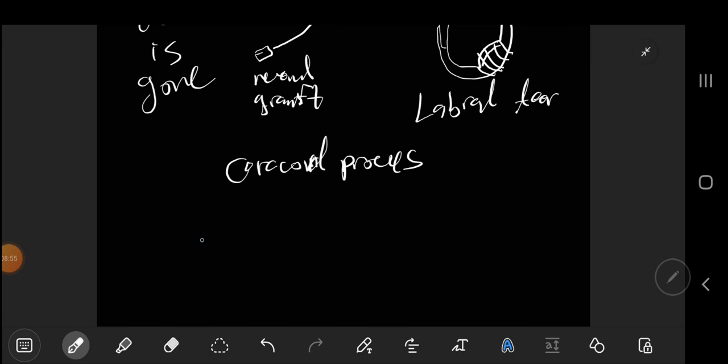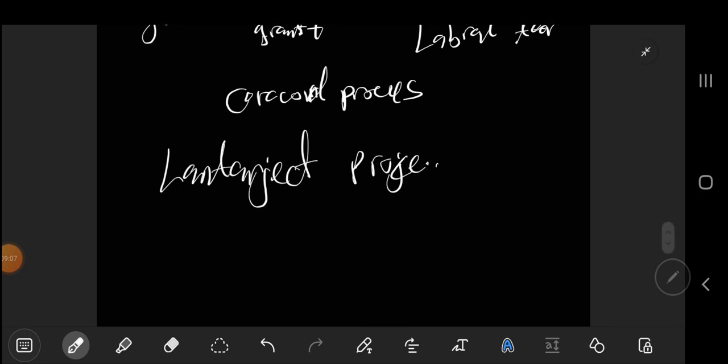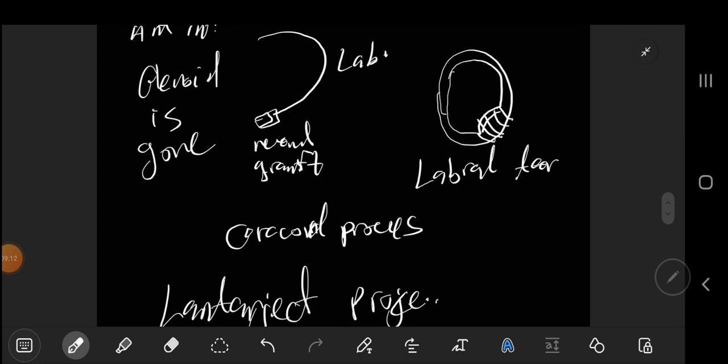It is sometimes called, for example, the Latarjet procedure. So it is just a bony repair of the lesion. You are repairing it with bone, which you are missing because of the glenoid fracture.